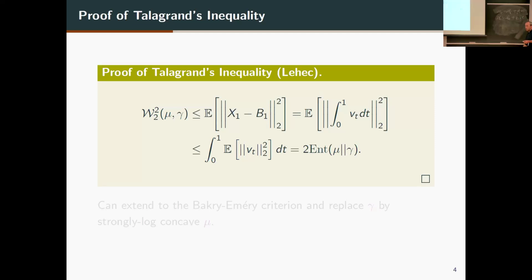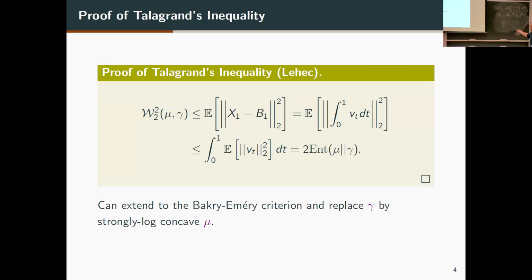I get some other coupling between two measures, but I can use that, for example, to recover the Bakry-Émery criterion. So I can take the same Brownian motion, get some coupling between measures, and prove that the same Talagrand inequality still holds if instead of the standard Gaussian, you take some measure which is strongly log concave, for example. Right? So that is what I would call a forward coupling or a linear coupling.